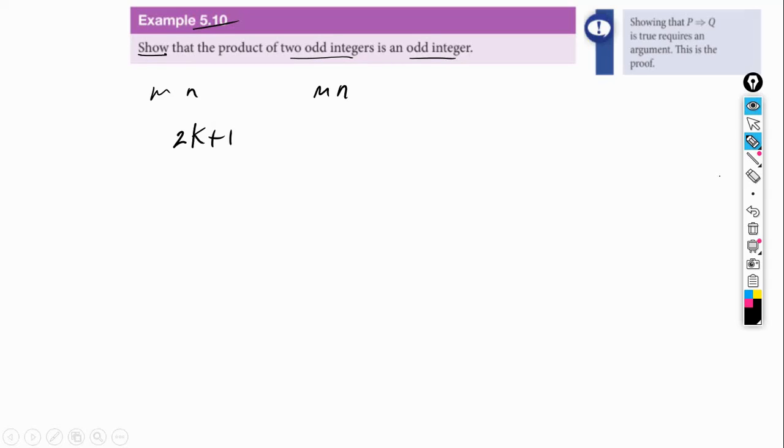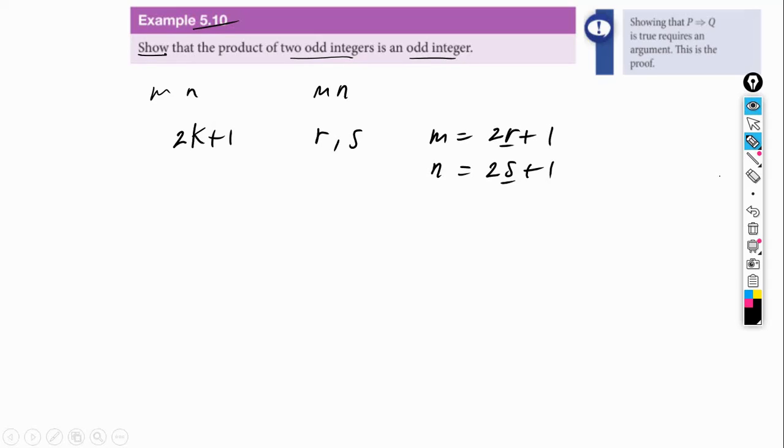Hence, there are integers r and s such that m is equal to 2r plus 1 and n is equal to 2s plus 1. Now notice that here we have to use different variables for the integers in order to prove it for any case.